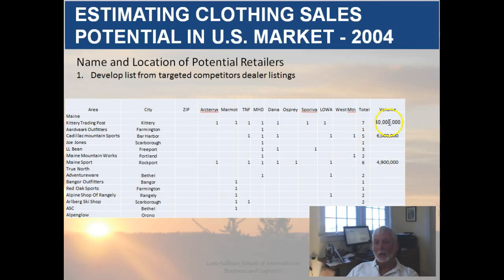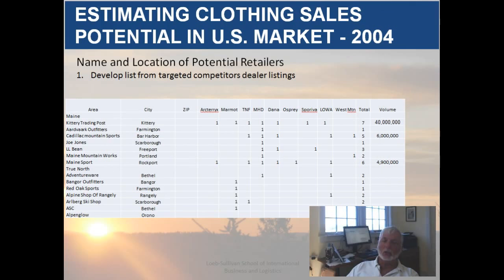So I've narrowed it down in Maine to three targets. Kittery just has one location, Maine Sport has one and another small one, so two. And then Cadillac Mountain at the time had four locations, three in Bar Harbor and one in Ellsworth. So those were the potentials.